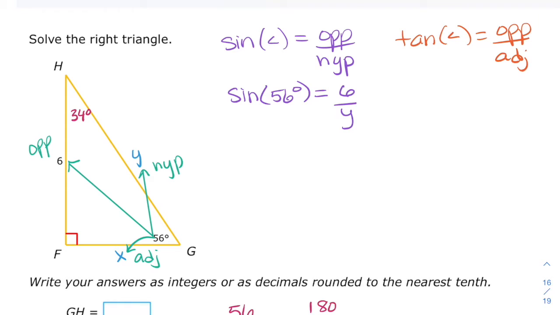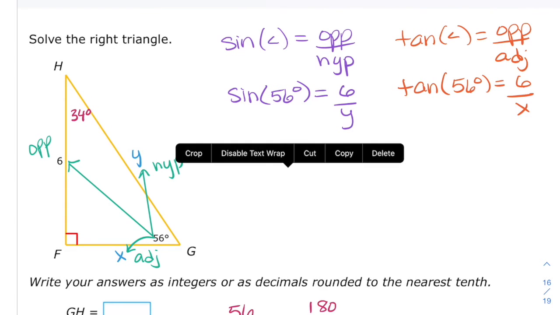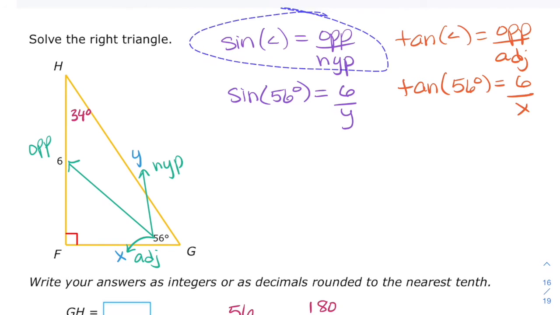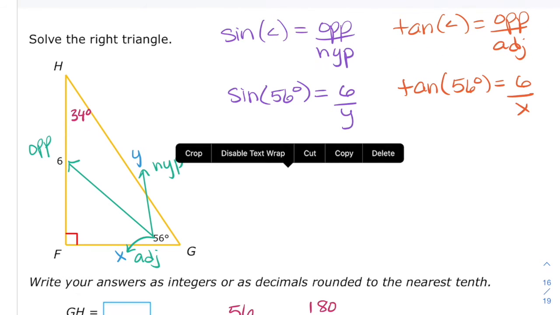Notice that for the cosine function, if I did adjacent over hypotenuse, I have two variables, and it doesn't work with that. I can only have one. So the tangent of 56 degrees equals the opposite 6 over the adjacent x. And now I've limited both of these to being just two, the two functions I'm going to use.